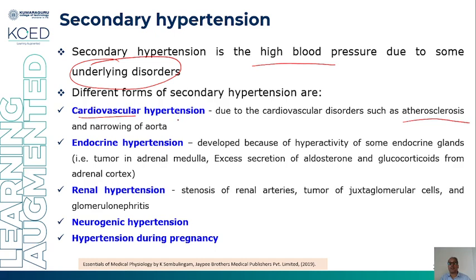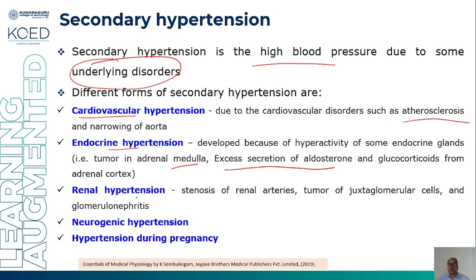That is cardiovascular hypertension. Because of imbalance in hormone secretion, such as excess secretion of aldosterone, glucocorticoids, or a tumor in the adrenal medulla, there is excess secretion of adrenaline and noradrenaline. So excess secretion mainly from the adrenal glands leads to an increase in blood pressure; that is endocrine.